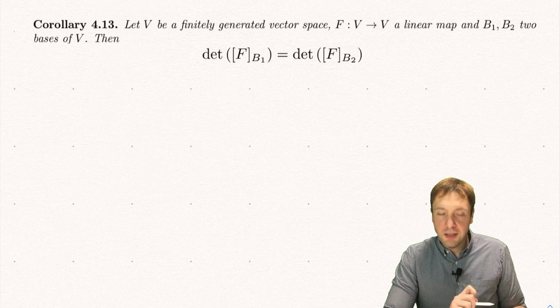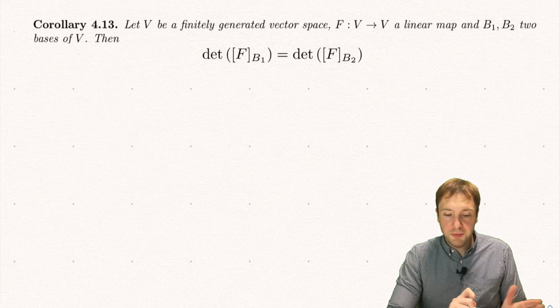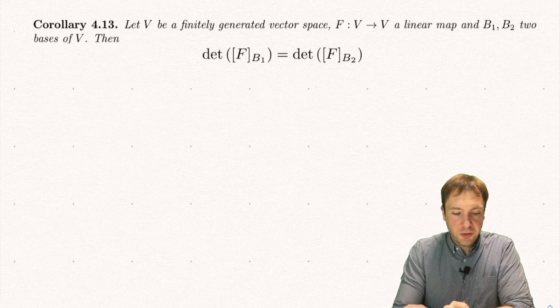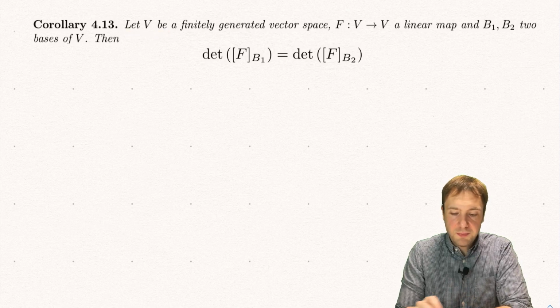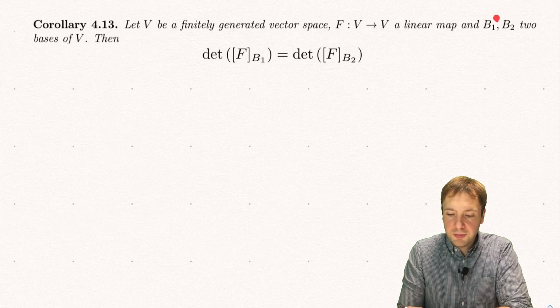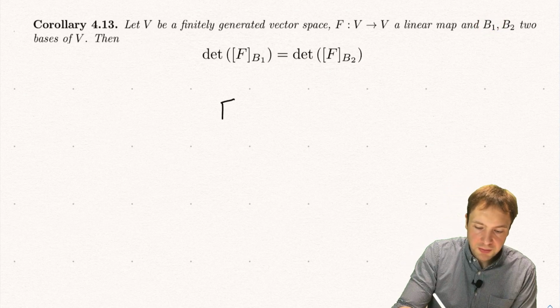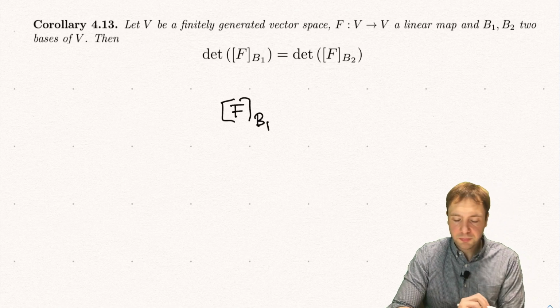In the third lecture we talked about matrices of linear maps. So recall that if we have a finitely generated vector space V, and a linear map F from V to V, then for a basis, for example B1, we were able to define the matrix of F with respect to B1.